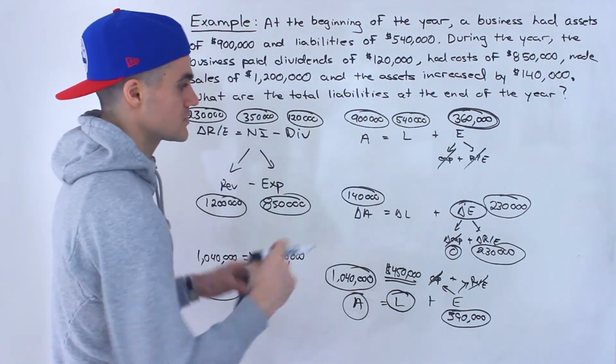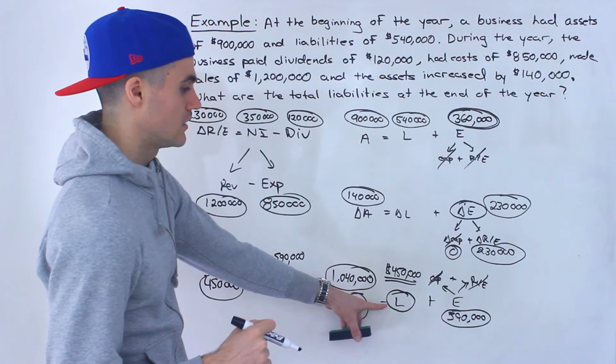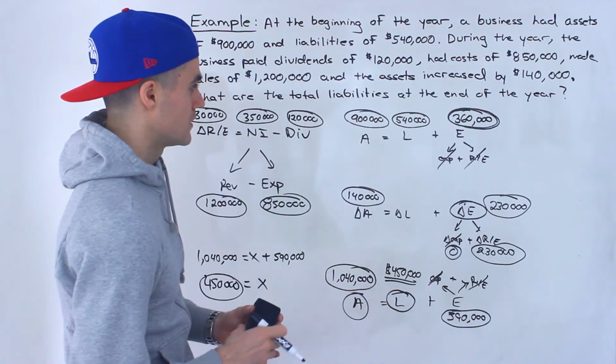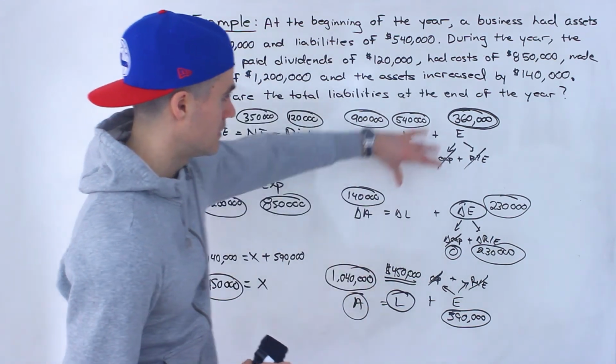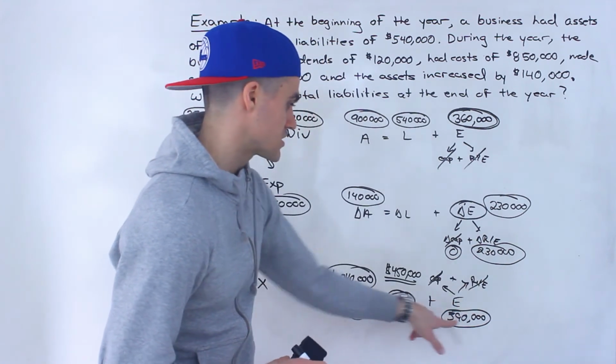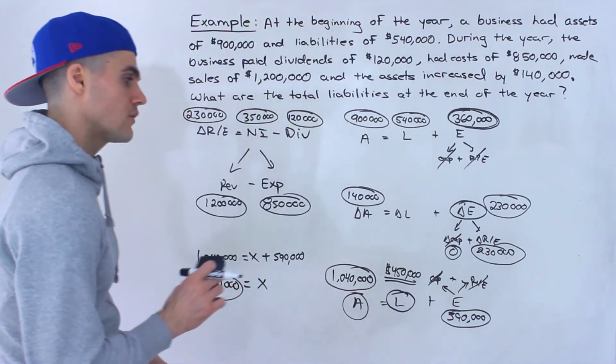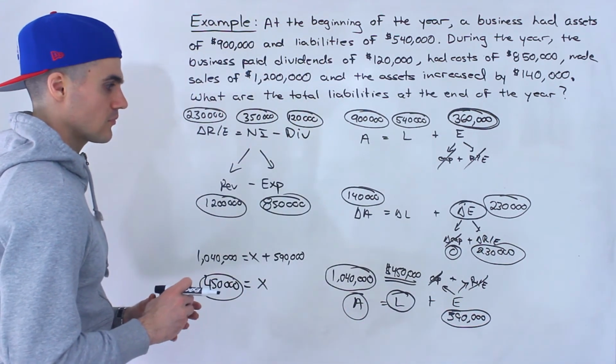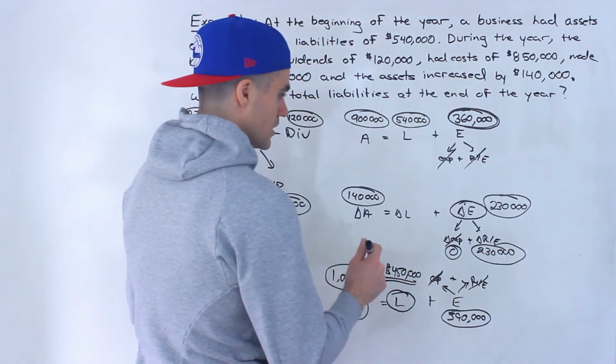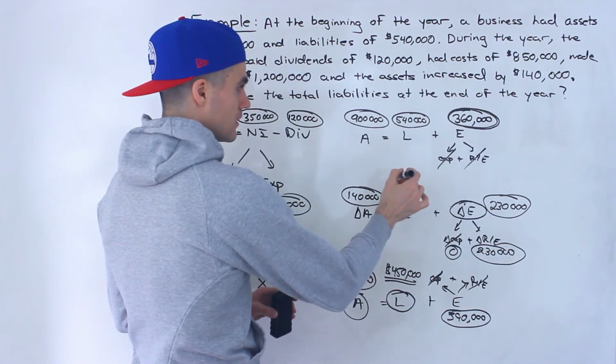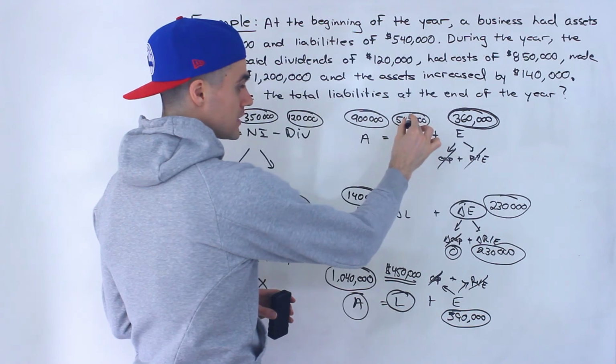So that's how we use the flow diagram to come up with that value. So we kind of went here, and then we just subtracted these. However, another way you can do this is notice that we were given the beginning liabilities.